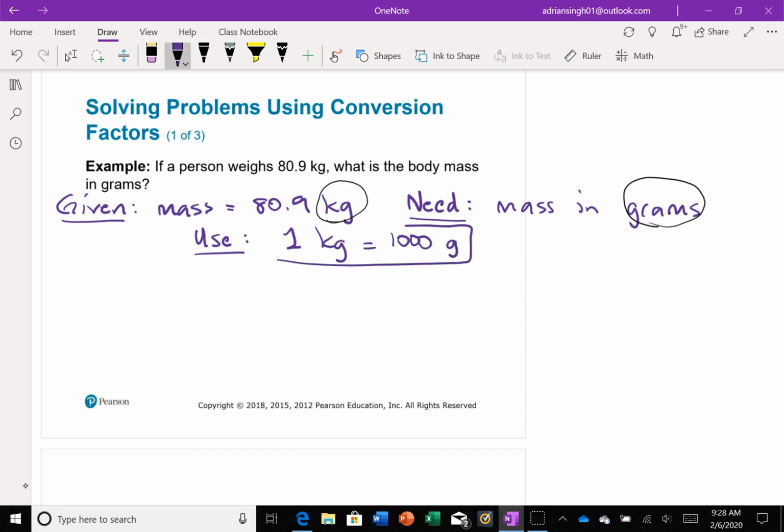So that's the tool that we're going to use to help us get from point A to point B. This is an equality, and as we saw, we can generate two conversion factors. We just put one over the other. 1 kilogram is 1,000 grams, and we just flip it, 1,000 grams for 1 kilogram. All right, so those are the two things that we could possibly use to get from kilograms to grams.